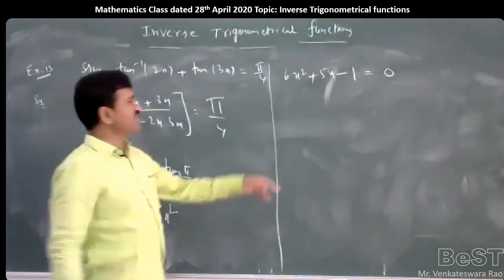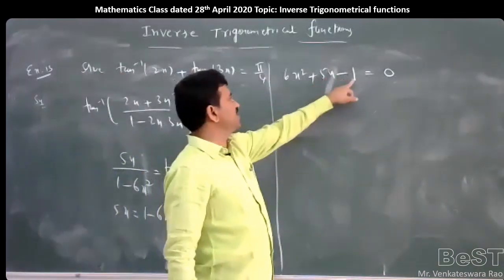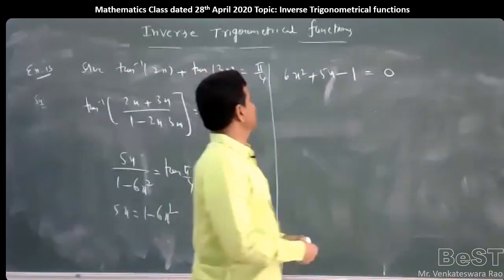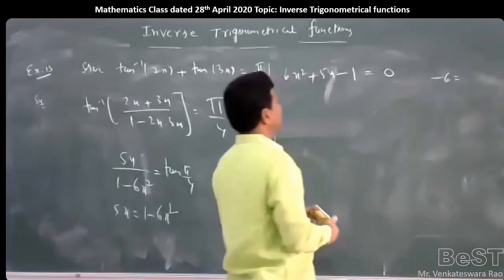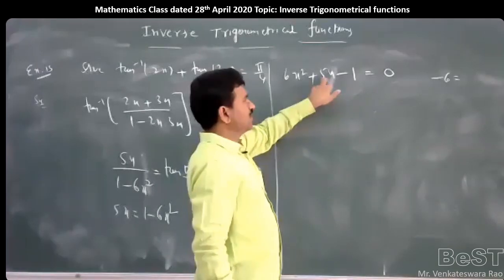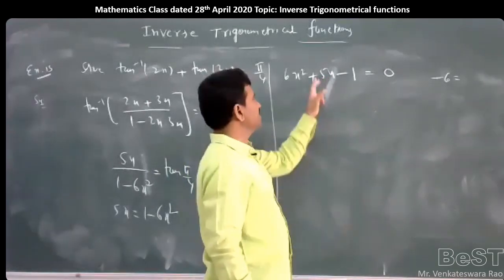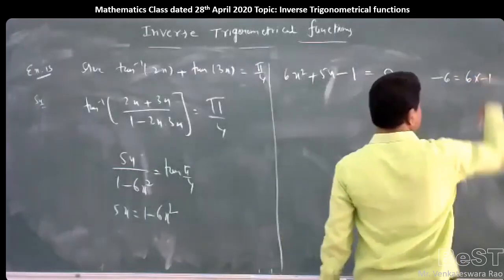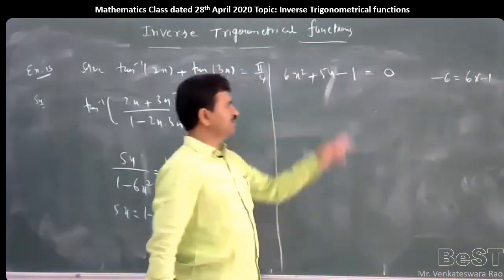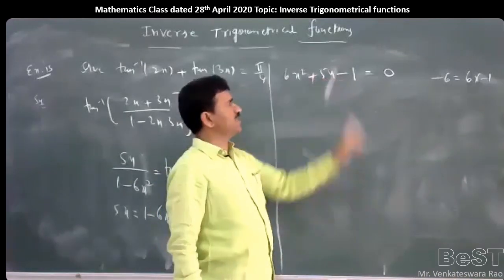See the quadratic equation, just like ax square plus bx plus c form. The factors 6 into 1 minus of 6. We have to get the plus 5. Write the factors 6 into minus 1, by adding 6 plus minus 1 we will get plus 5.